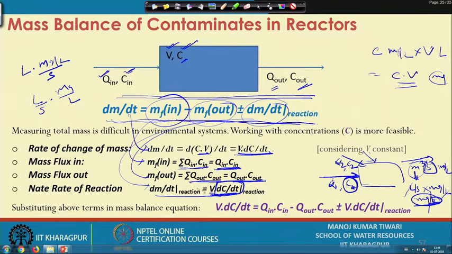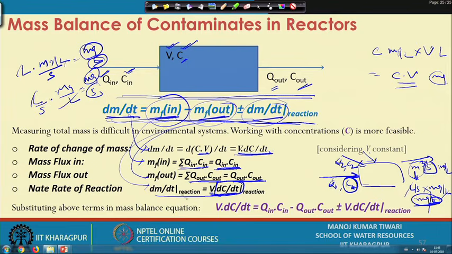Similarly, this one also has the same unit. Here the liter gets cancelled and the unit we get is milligram per second, and the same way here also milligram per second. So, the point is mass per unit time. All of these terms have a unit of mass per unit time, and that is what we get.